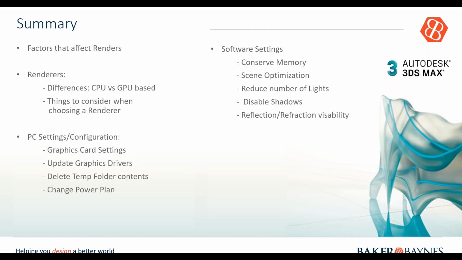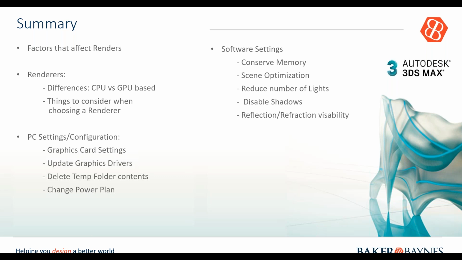Okay, so the summary. Basically, we went through factors that affect your renders. We went through some renderers, not in big detail, but just the basic differences to look for. And the big difference there would be CPU versus GPU-based renderer.